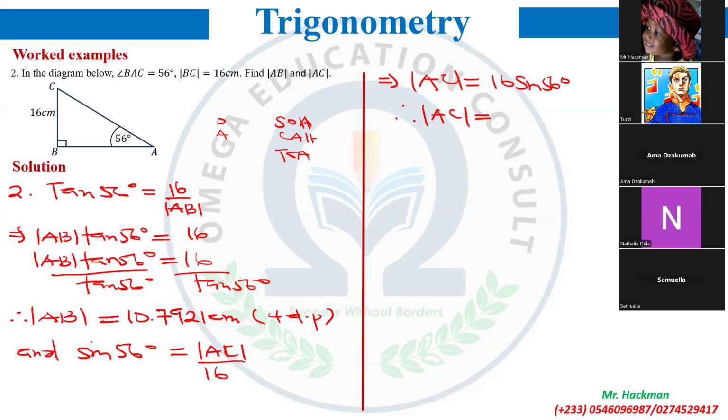Take notes. So you said, Samuela, you were the one, right? You said sine, you have to use sine because you know the opposite and you are looking for the hypotenuse. So fine. But remember, we said sine is equal to what? The opposite over hypotenuse. It's not the hypotenuse over the opposite. You know, A over B is not equal to B over A. True or false?